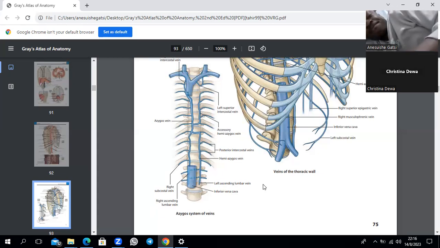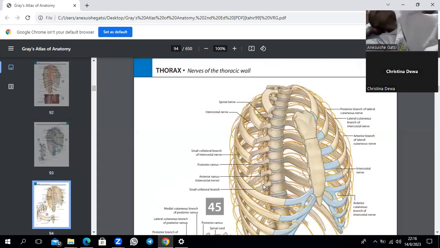Then the nerves, I wouldn't dwell much on this, but I'll just remind you of what we did when we were doing back and spinal nerves. So what we call intercostal nerves for the thorax are merely the anterior rami of your thoracic spinal nerves, right?